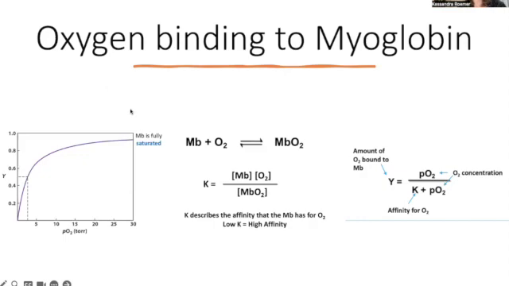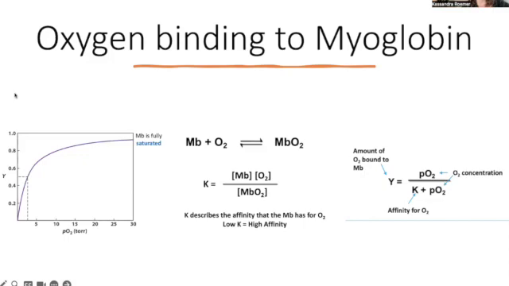If we look at the binding curve right here, we can see the saturation of myoglobin at different external oxygen pressures, so PO2, and on the y-axis we have the fractional saturation. And right here, this is the half saturation of myoglobin. So at about an external oxygen pressure of 0.25, we reach a half saturated myoglobin concentration.